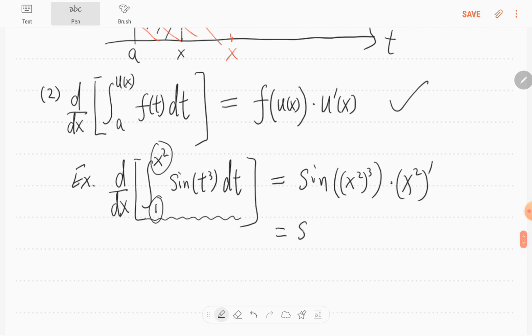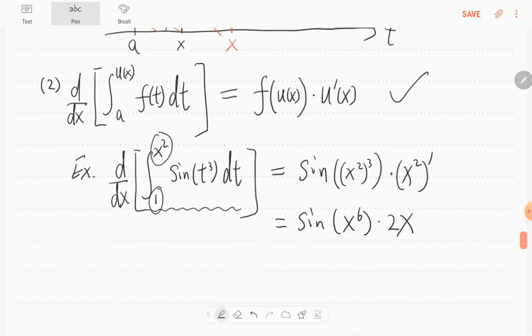So this would be sine x to the 6 times 2x. So you see, even if the integration is very complicated, if we want to take the derivative, it's a very quick way to get your result without evaluating your integral.